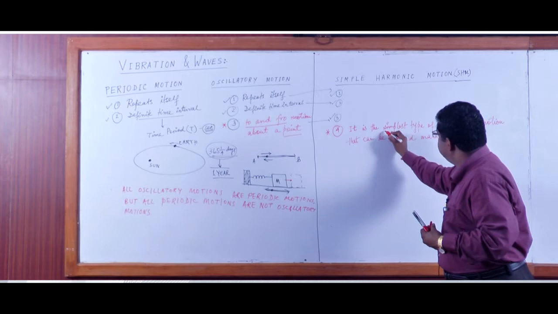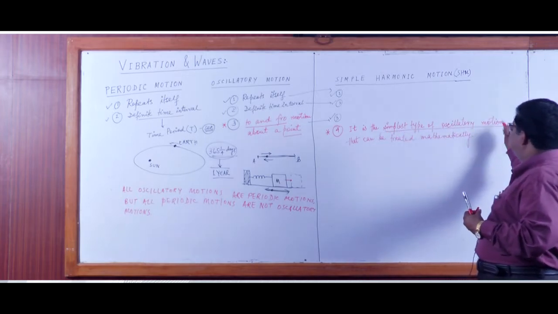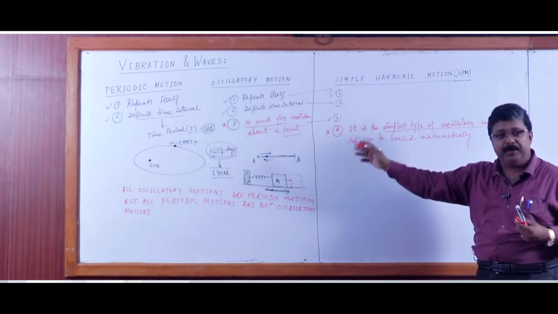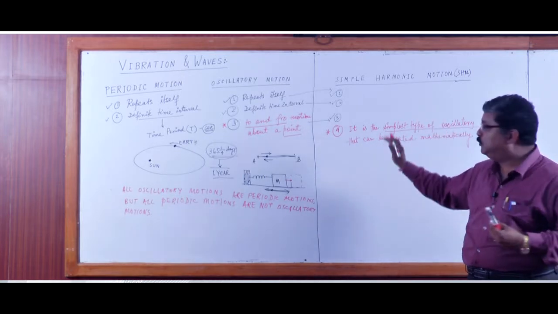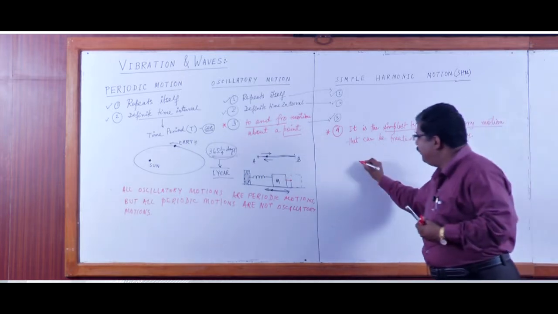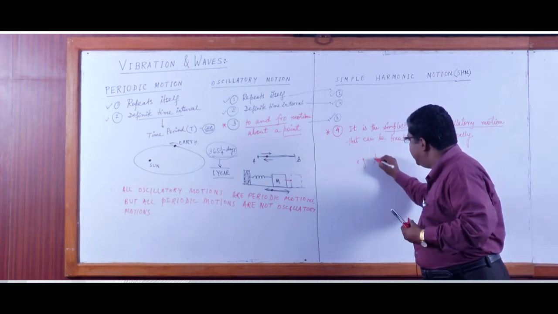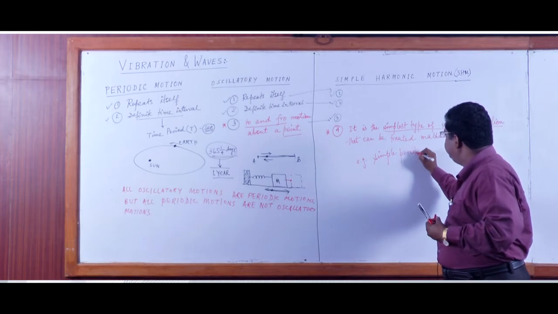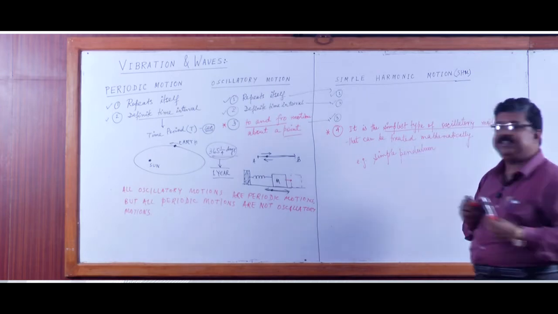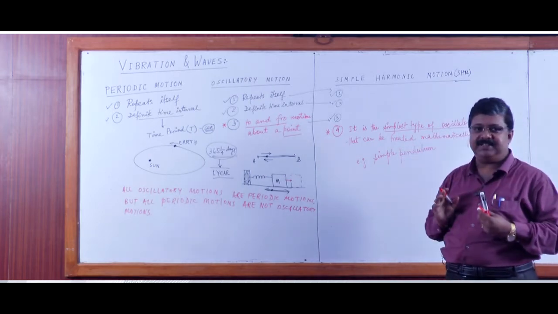So it is an oscillatory motion of course, and if it is an oscillatory motion, it is also a periodic motion. But this is the simplest type. So that makes the difference, and one of the examples is the motion of a simple pendulum. The motion of a simple pendulum executes SHM.